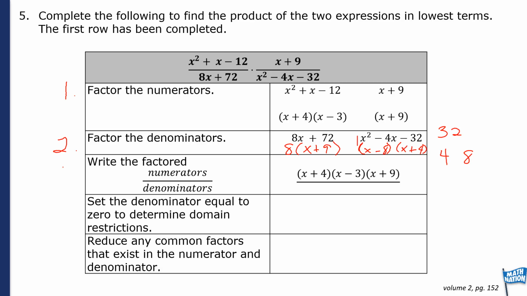So now step 3 is to write the factored form.